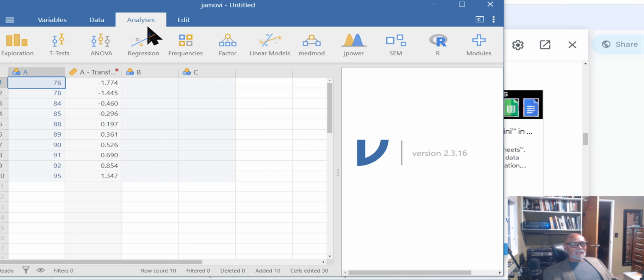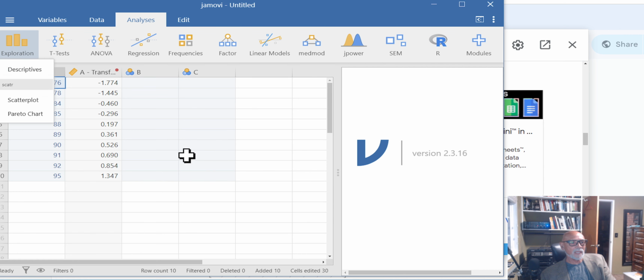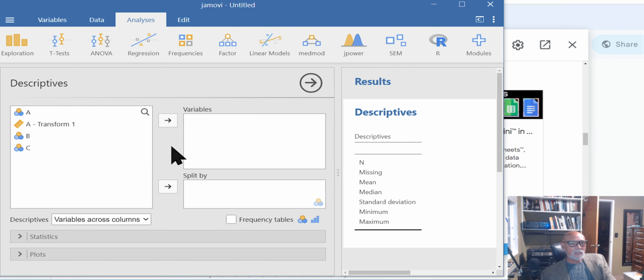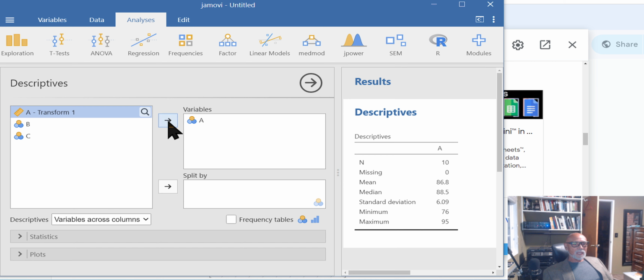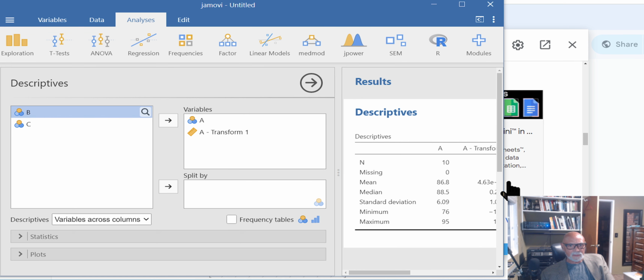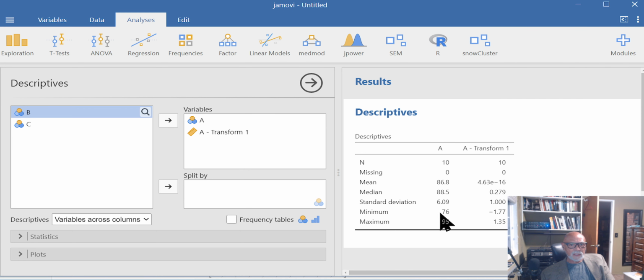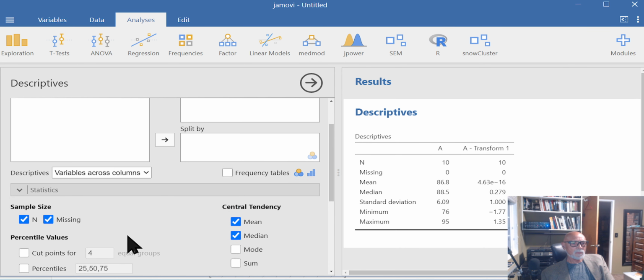So at this stage, I want to analyze these. Let's take both variables and take a look at them in the analysis. We're going to go to exploration, descriptives, and identify our two variables. I'm surprised that it did that for me without me converting that to a metric first, but it did. So anyway, when we go back, I'll do that. Let me choose the ones that I want.